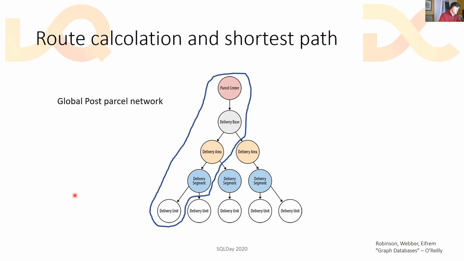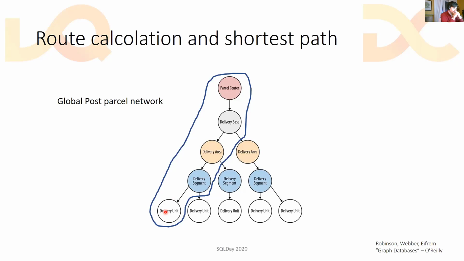And this picture is coming from a book that has nothing to do with SQL Server. It's just talking about graph databases generally. So what we need, starting from, in this case, the parcel sent from a start point, is crossing our data to find the best route for delivering our parcel, for instance.